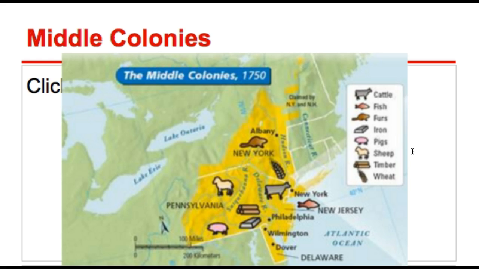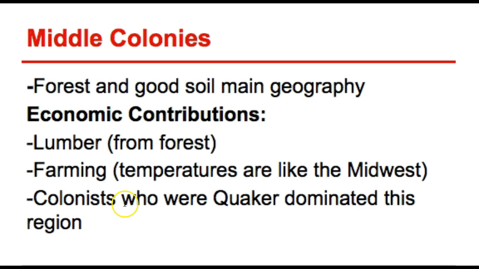They're going to get that farmland that is so much better than New England, but they also have the forests and the fishing because they are near the water, and they do have those same forests that Massachusetts, a New England colony, would have. They have lumber from the forest and farming.